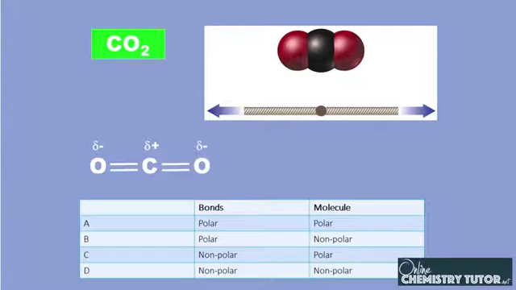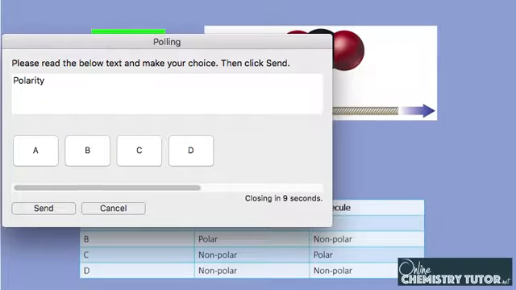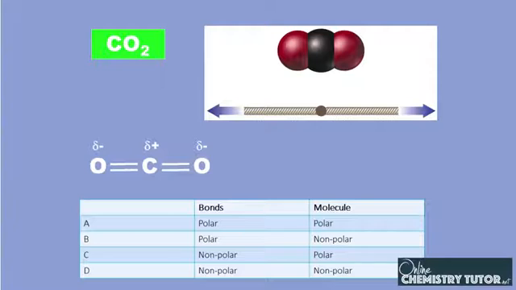A couple more then. This is carbon dioxide. So same as before, I'm going to send the survey out. Your 4 options are there. Here it comes. Give me another 10 seconds.